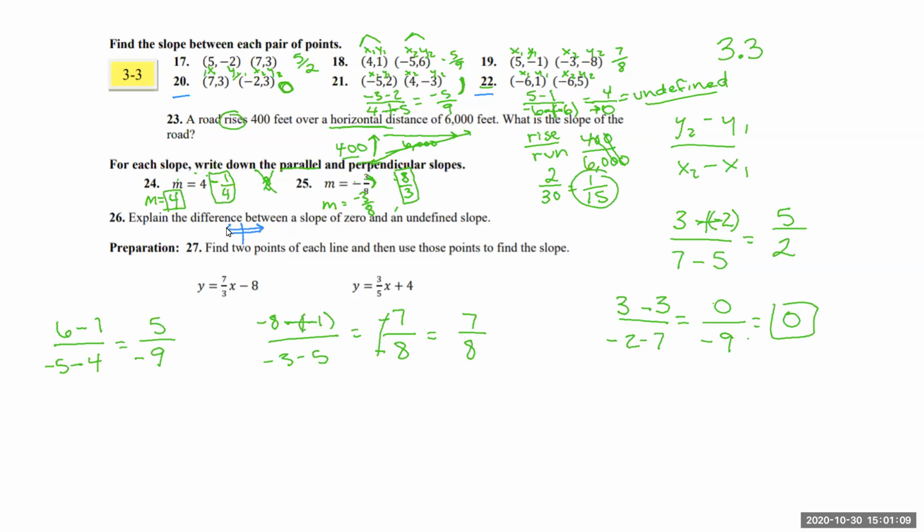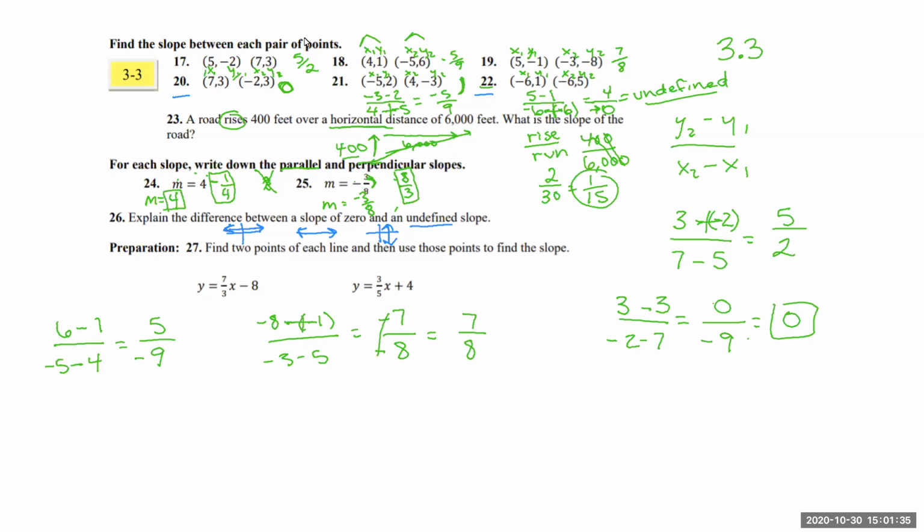So whenever you have a slope of 0, it's going to look something like that. If you have an undefined slope, it's actually going to go up and down in a vertical line. So this is the main difference between the graphs of a slope of 0 and an undefined slope. And they're also perpendicular slopes because they cross each other at exactly 90 degrees.